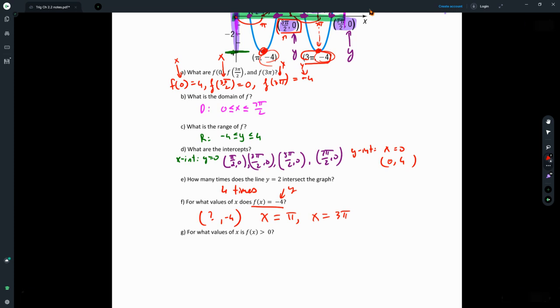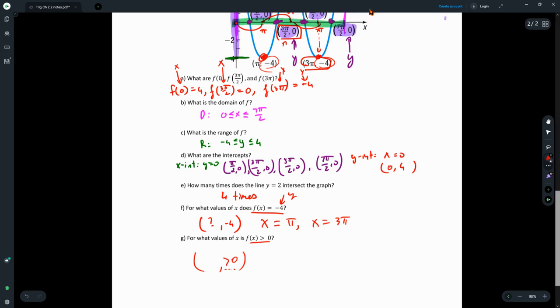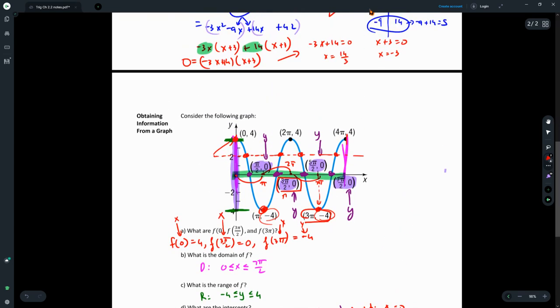For what values of x is f of x greater than 0? So as long as this value here is positive, that's what they're saying, greater than 0, right? Meaning that the y is positive. Let me just get rid of all this junk here to show you what I'm talking about.